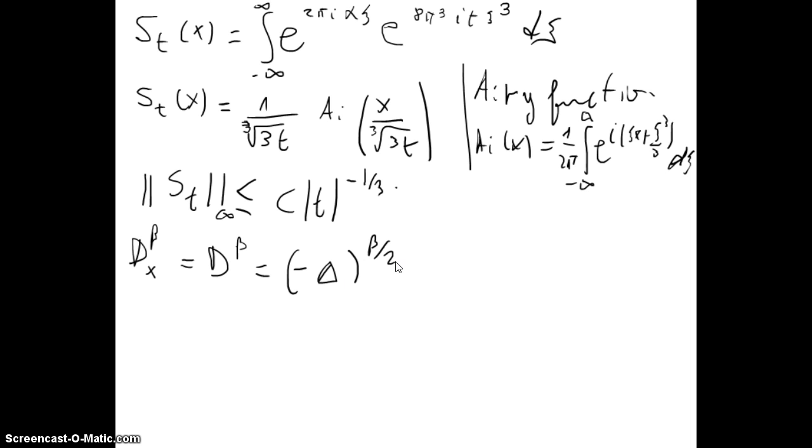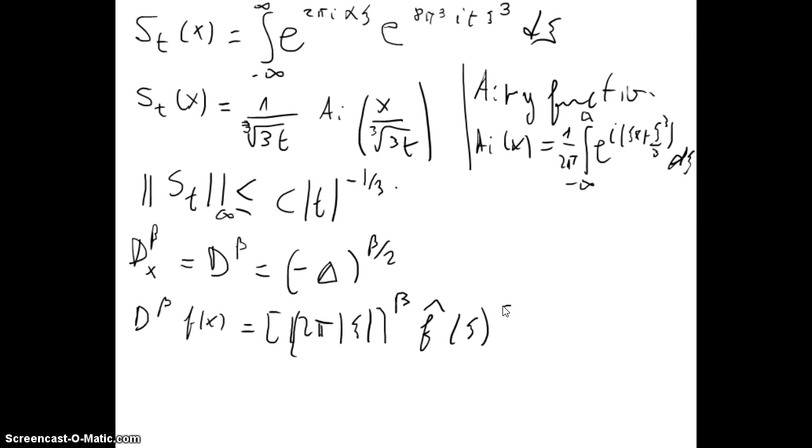So D^β of my function will be equal to the anti-transform of (2π absolute value of ξ) to the β times the transform of f at ξ.